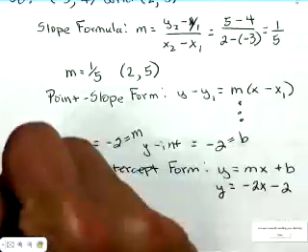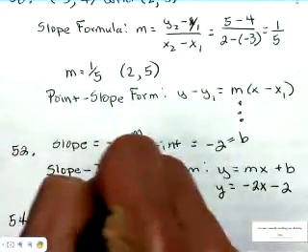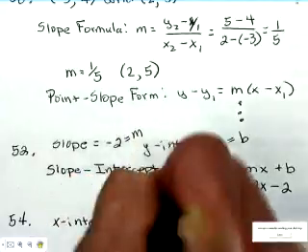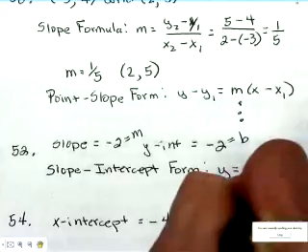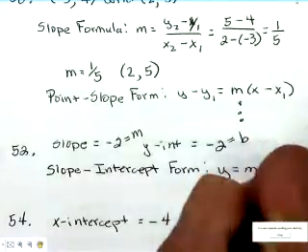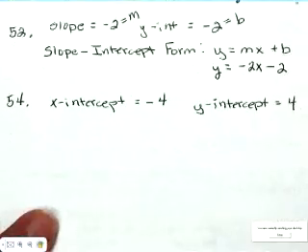Number 54, I'm given that the x-intercept is -4 and the y-intercept is +4. And I'm thinking, oh no, I don't have an intercept-intercept form.